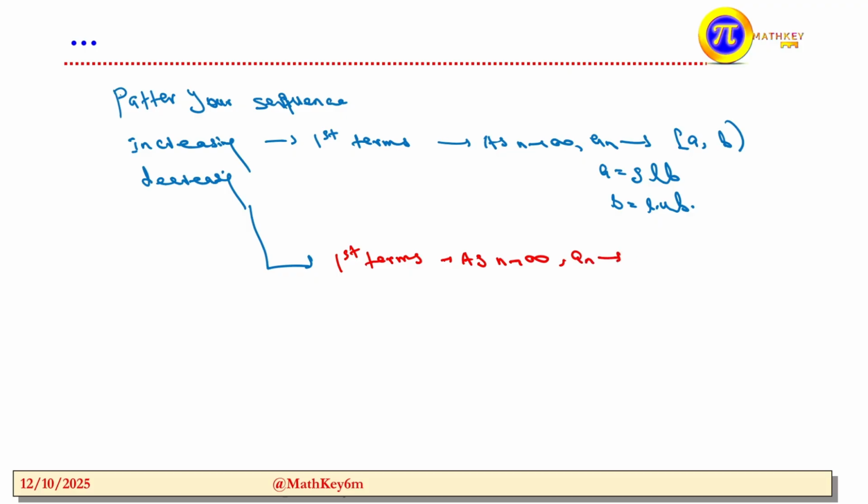From this, if the first term is, for instance, B, and as n goes to positive infinity, an goes to A.